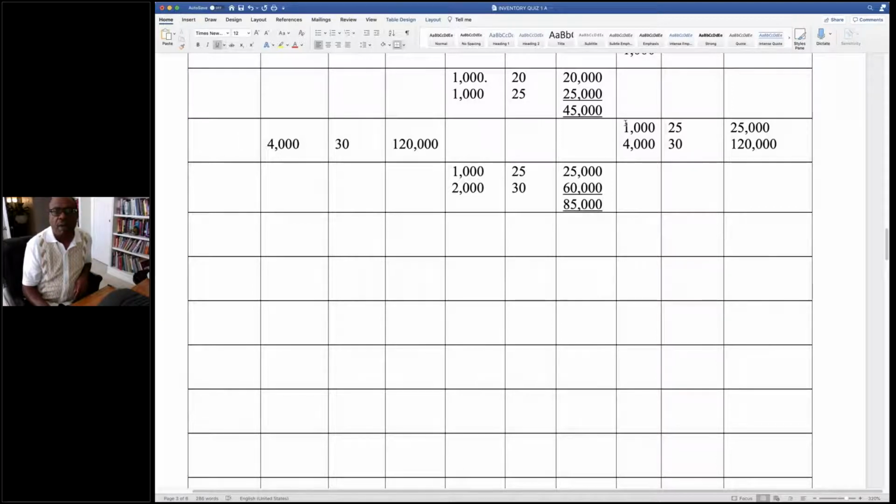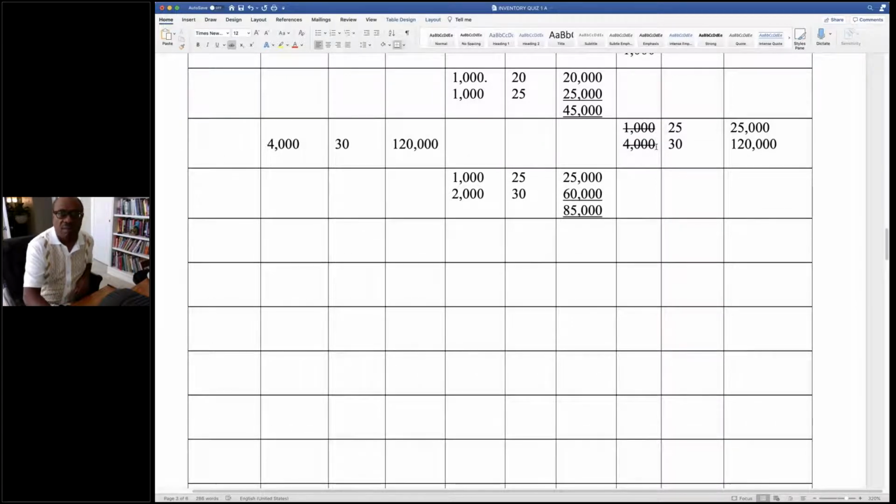So all of these are gone. Strike these. And how many of these are going to be left? 2,000. No, all of these are gone.